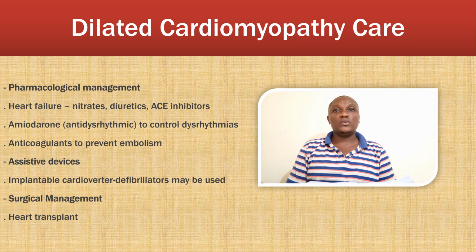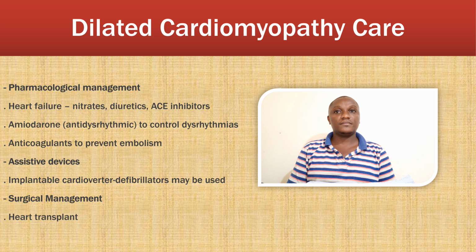We go on and look at management of different types of cardiomyopathies. We have dilated cardiomyopathy care. It involves pharmacological management. You manage heart failure using nitrates, diuretics, and ACE inhibitors.